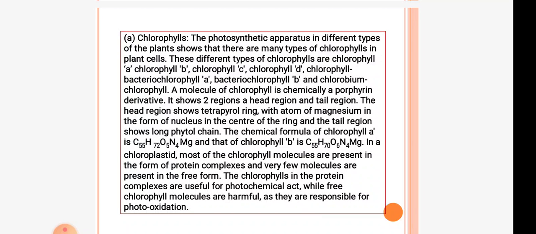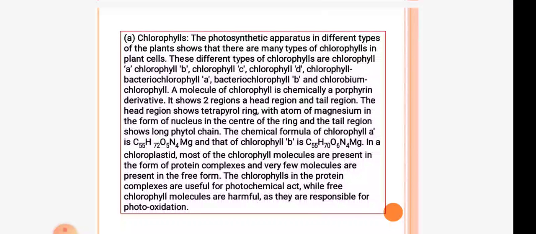A molecule of chlorophyll is chemically a porphyrin derivative. It shows two regions, the head region and the tail region. The head region shows a tetrapyrrole ring with an atom of magnesium in the form of a nucleus in the center of the ring, and the tail region shows a phytol chain.